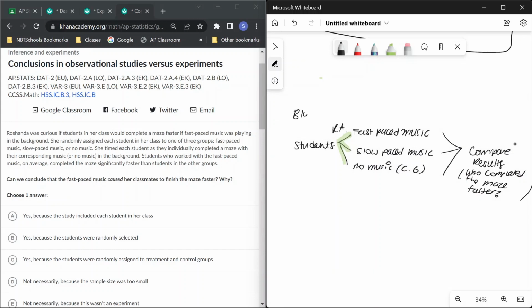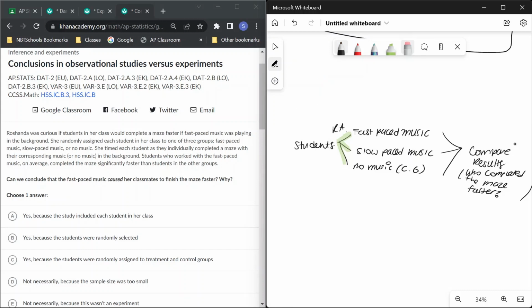Pretty sure it's a randomized block, or is it? Oh, this is just like the hard one that we did. Randomized block or completely randomized? We're taking students and assigning them a treatment. I don't think it's randomized block.